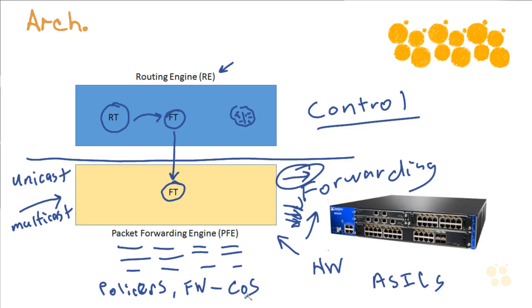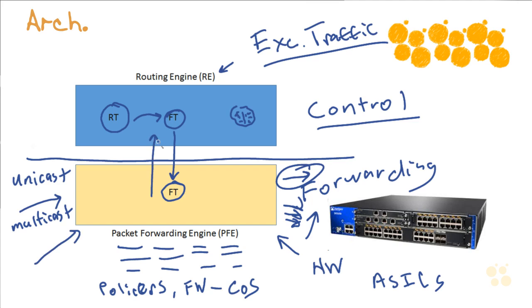Now, something else that we need to realize about this architecture, though, is exception traffic. Exception traffic is traffic that's going to come into this forwarding engine and have to move up to the control plane. So it can't be just handled by the packet forwarding engine, and that's why we call it exception traffic. It's an exception to the rule.